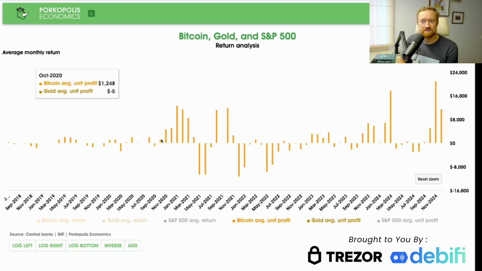So October 2020, 1 unit of Bitcoin's profit would have gotten you $1,200. Gold, minus $5. November 2020, $4,770 profit on average per Bitcoin, just holding it 1 month there. Would have lost $119 per ounce of gold. To be sure, this is where the volatility comes in.